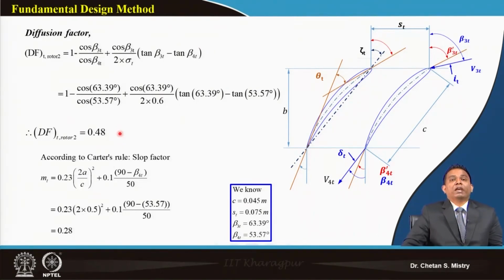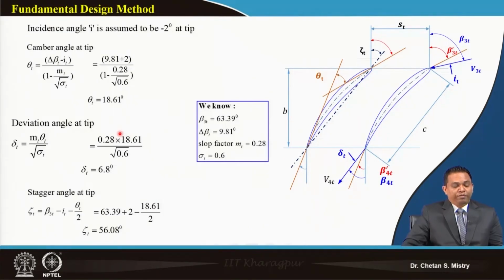Okay. We will be calculating our M factor because we are looking for other parameters or flow angles to be calculated. When we calculate our camber angle, my incidence angle at the tip needs to be assumed, and as we discussed earlier for rotor 1, in line with that for rotor 2 also we are assuming our incidence angle to be negative 2 degree.